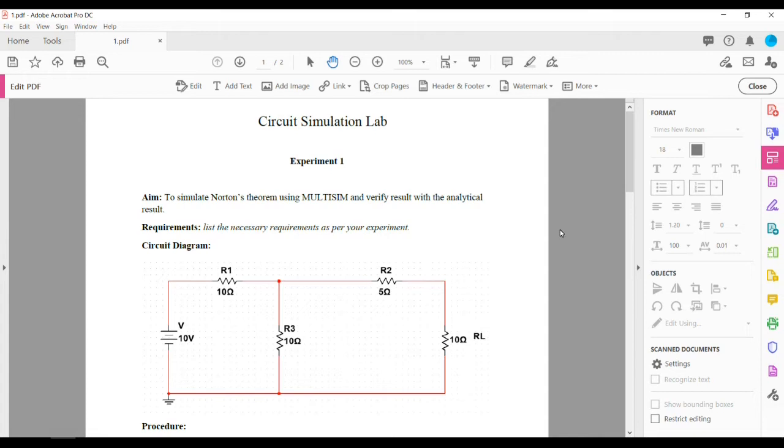Norton's theorem states that any linear circuit containing several energy sources and resistances can be replaced by a single current source in parallel with a single resistor.